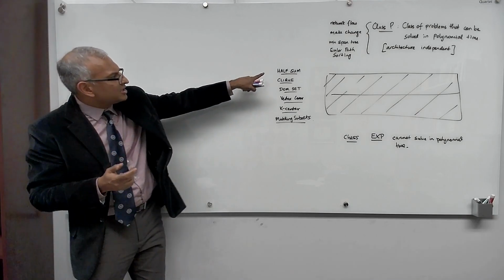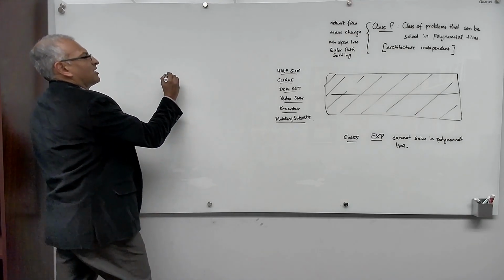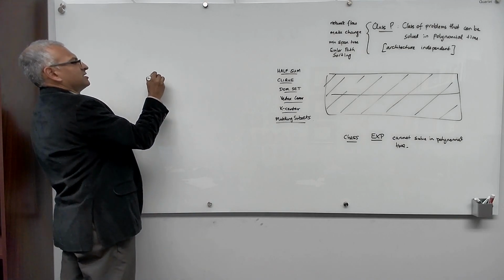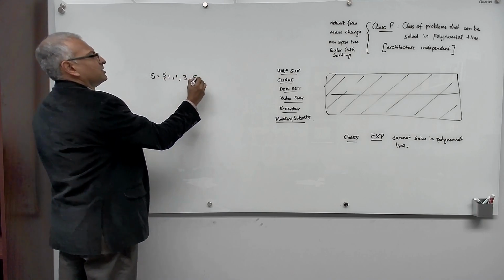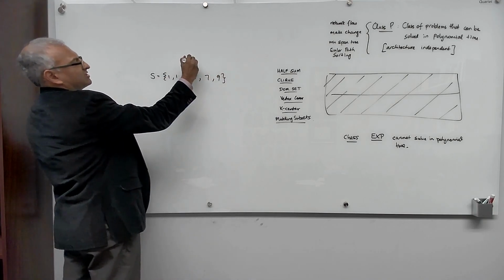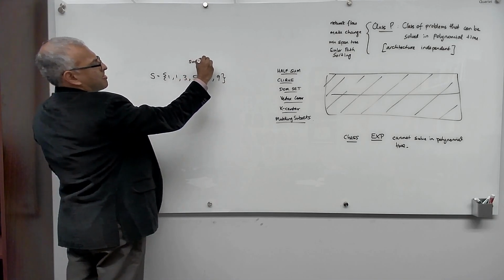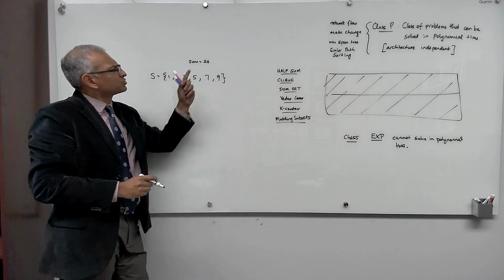So let's take half sum as an example, and I want to show you something interesting about it. Let's consider the set S is 1, 1, 3, 5, 7, 9. The sum here is 26. Half sum asks, is there a subset which sums to 13?